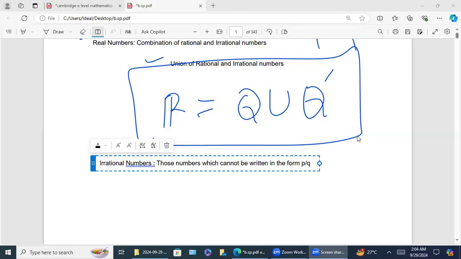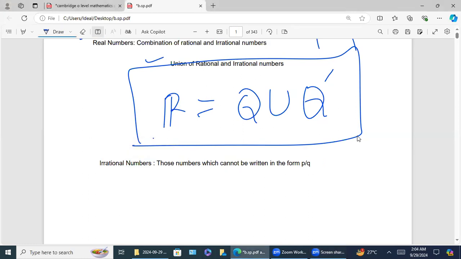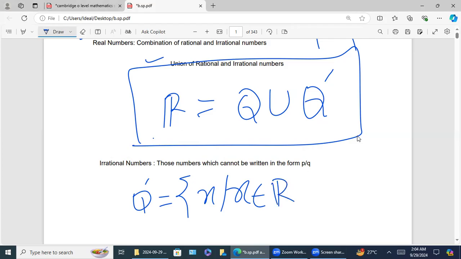So dear students, we can explain it like this: Q dash is equal to, in set builder form, x such that x belongs to real numbers, where x is not p upon q.